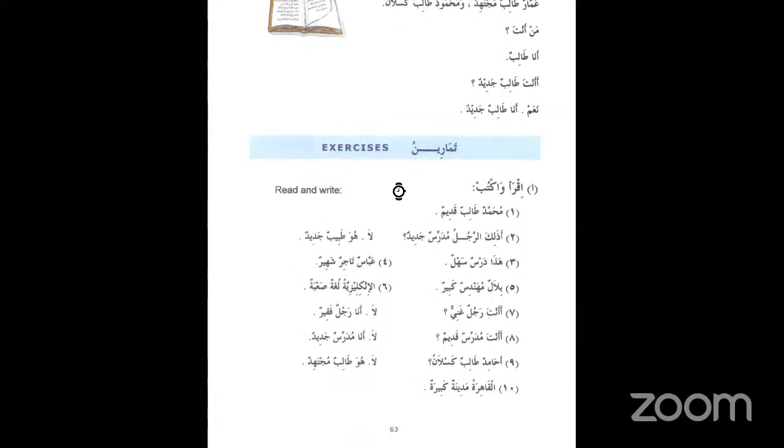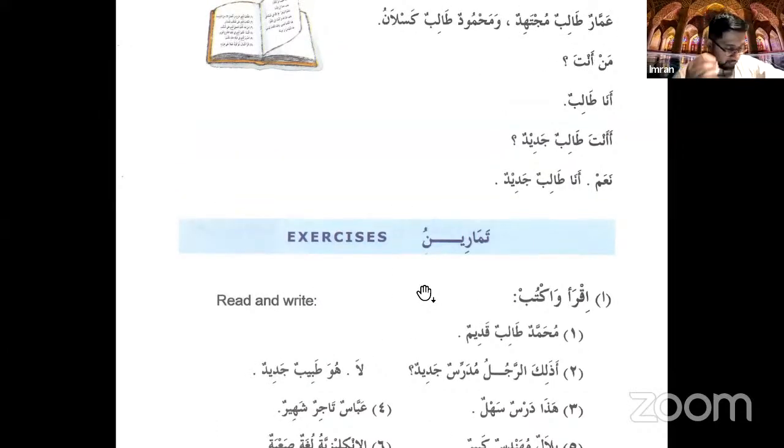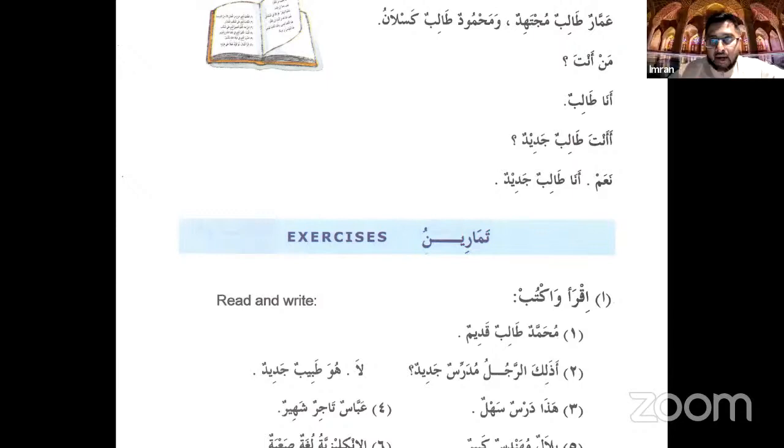Brother, can I have a question before we go further? I'm confused with the i'rab and harakat. What is the difference between i'rab and harakat? I'rab means when the noun has a dhamma, fatha, kasra. The harakat are the changes themselves, having the sukoon, the shadda, the fatha, and the kasra.